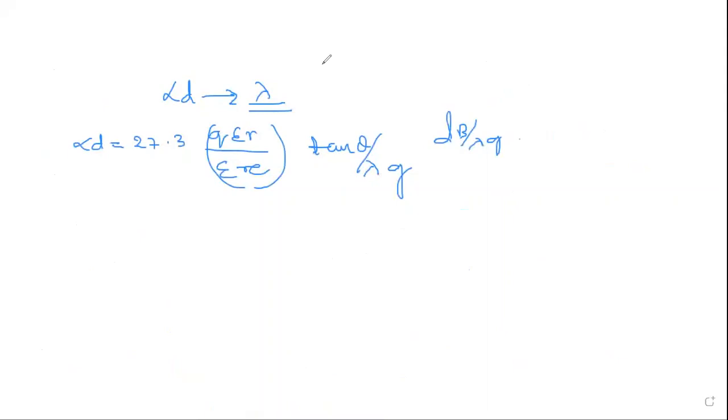To derive that, first consider what is omega. Omega is equal to 2 pi f. Write f in terms of wavelength, c by lambda naught, because we know f is equal to c by lambda. When you consider just lambda, it is just wavelength.